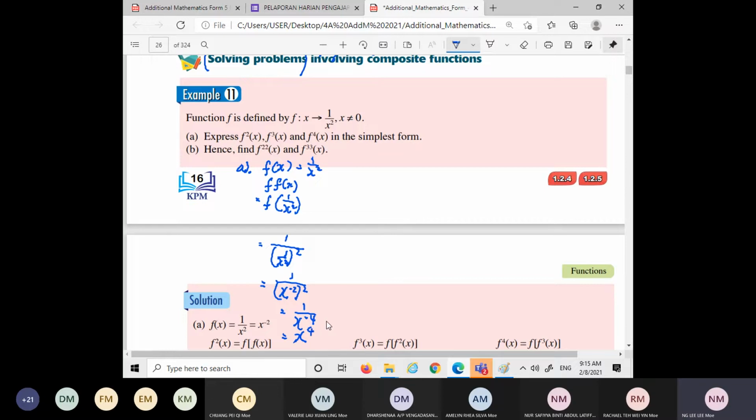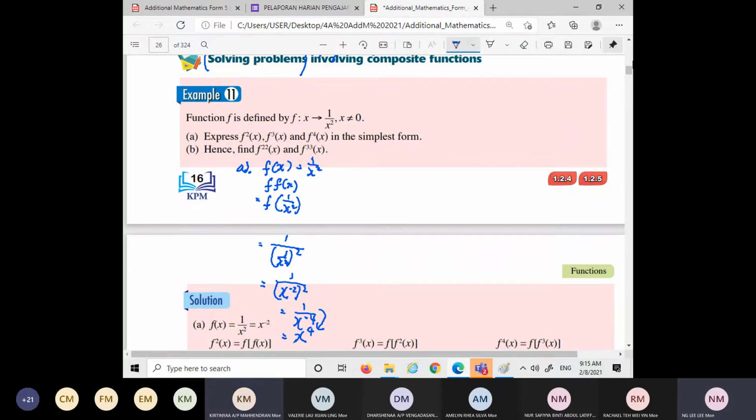I don't know whether it's okay or not. For this part, I'm not sure whether you can get it or not. Someone please respond. Okay or not okay?